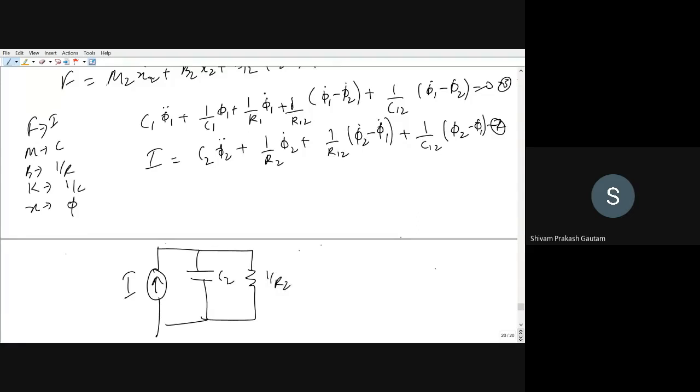Anything else? R12 is common, so I can connect 1 by R12 like this, and the inductance 1 by L12 is also common. Apart from this, there is nothing else.